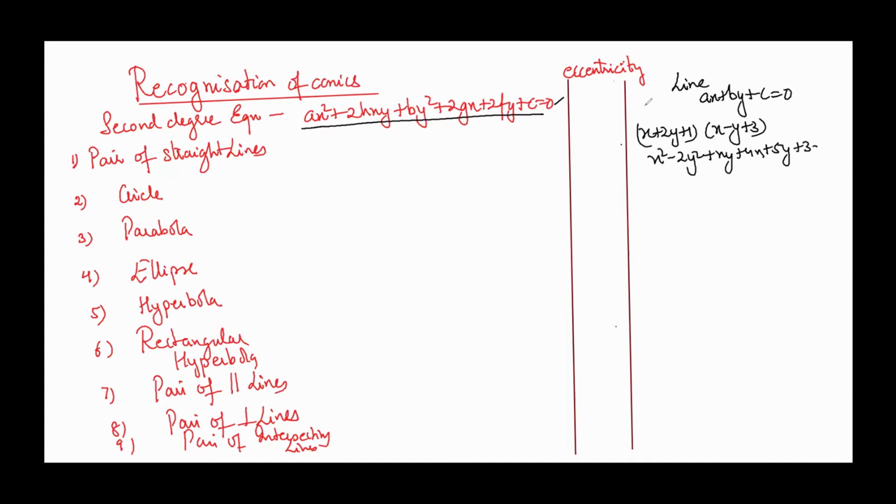So this is a second degree equation, which includes x square, y square, x into y, x, y, and a constant here. So this is similar to this type of equation.